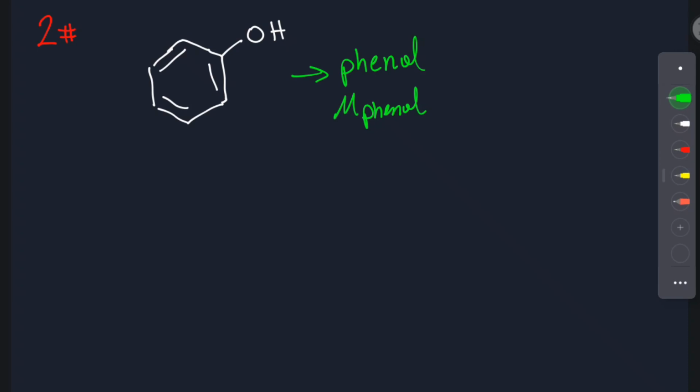And this is a skeletal formula of this compound. However, we have to know the total number of carbon, hydrogen, and oxygen atoms. So I want to write a structural formula of this compound.